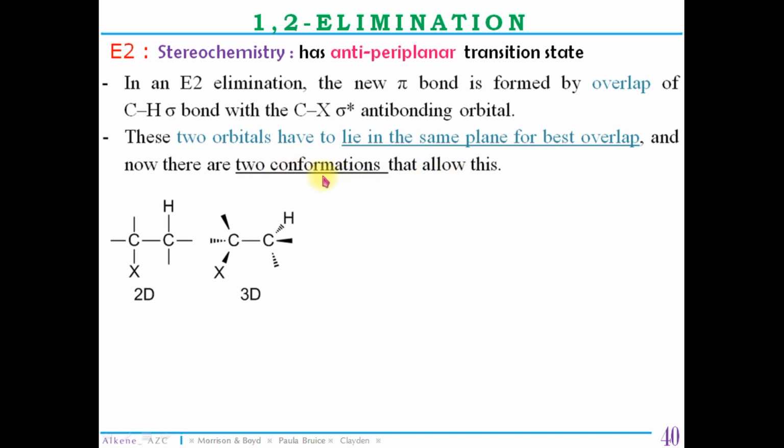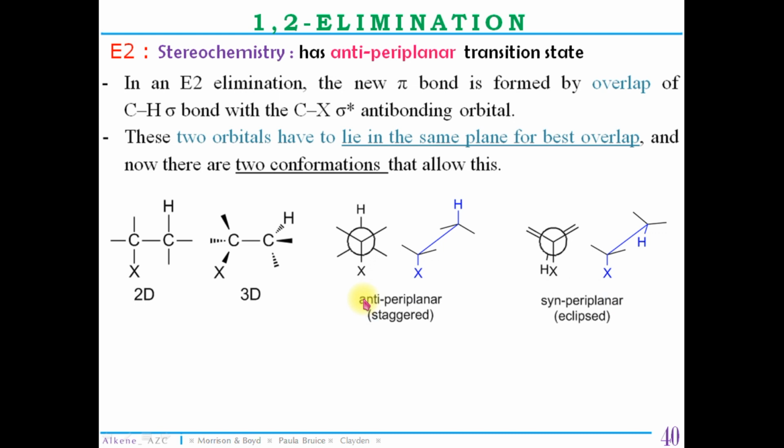To study conformation, we have a new representation of the molecule, which is the Newman projection, where this carbon-carbon bond is viewed end-on. Conformation is also studied where the molecule is projected as a Sawhorse projection.